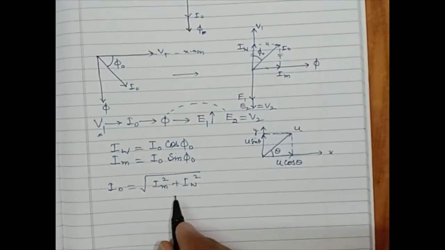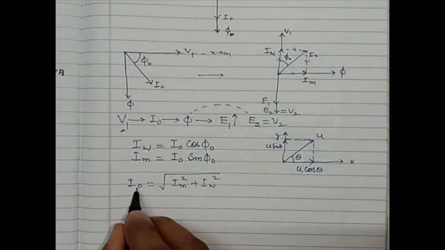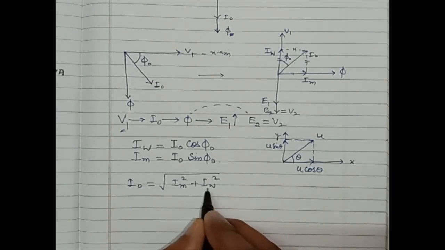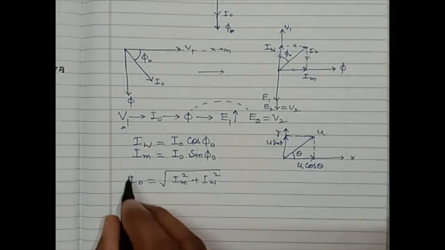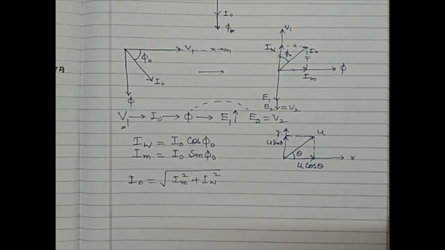On the basis of that, by using the Pythagoras theorem, we can write I naught equals the square root of Im squared plus Iw squared, which is the resultant current I naught.